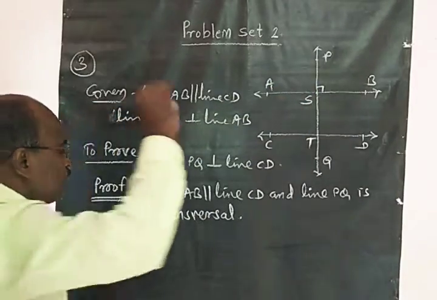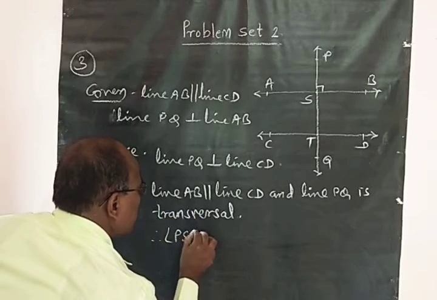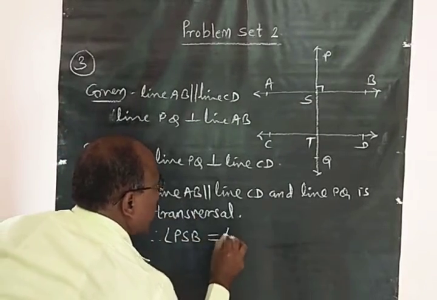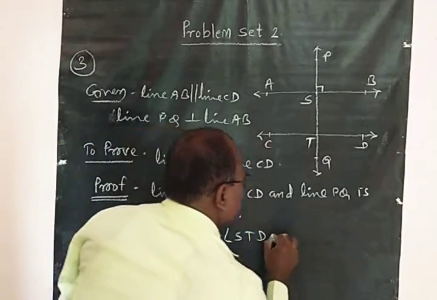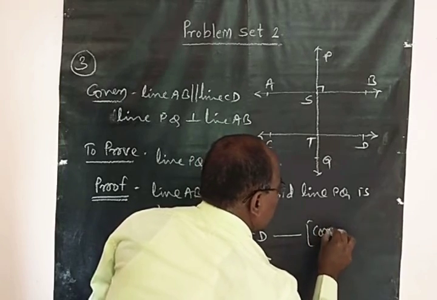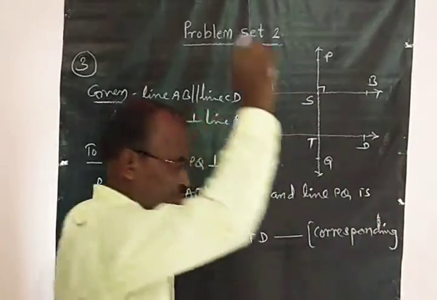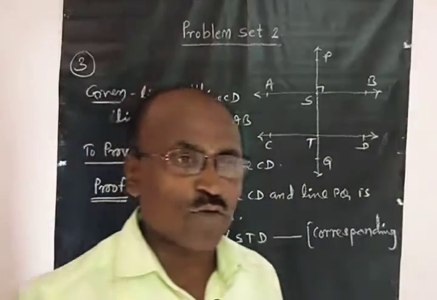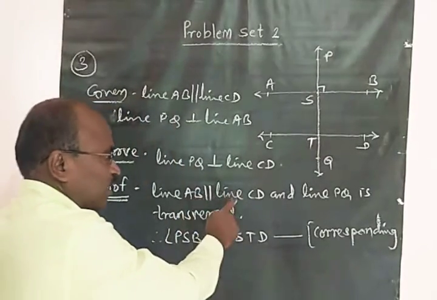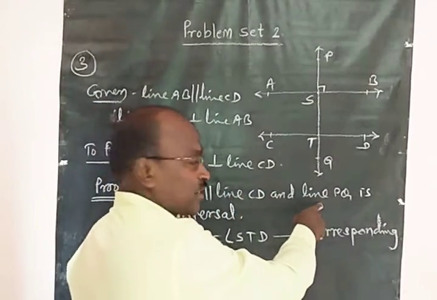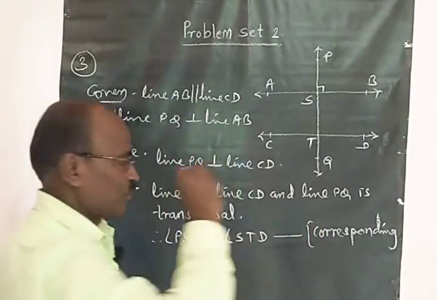So here, therefore, angle PSB is equal to angle STD. Right here, corresponding angles. If two lines are parallel and one of the transversal is there, then the corresponding angles formed are congruent. So here these two lines are parallel and this one is a transversal. Therefore, these two corresponding angles are congruent.